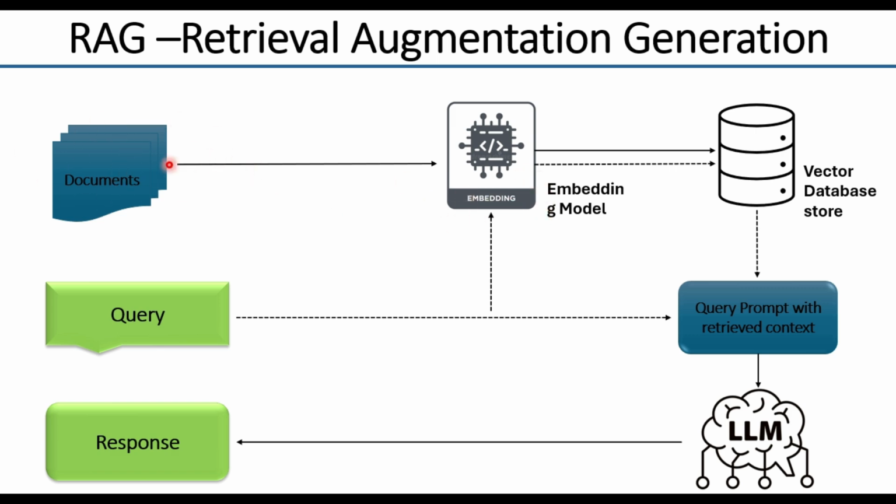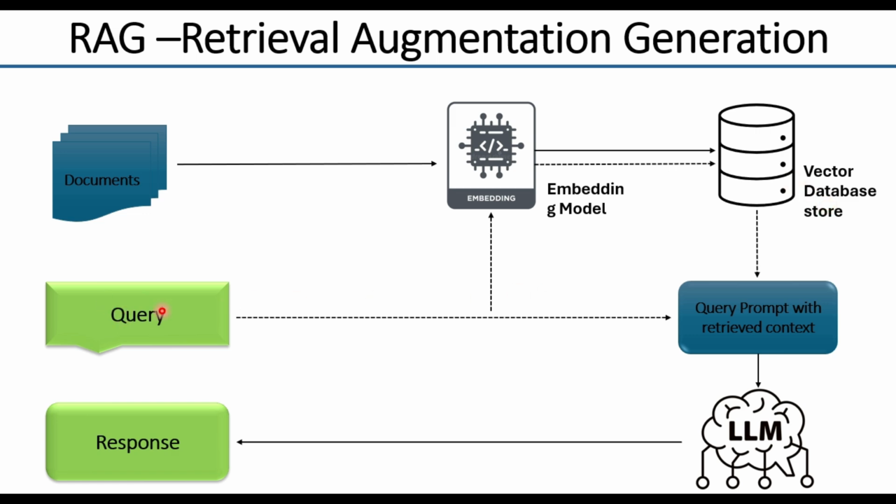Once these documents are converted into embeddings, they are moved to the vector database. There are different vector databases available, and these are specialized databases used to store embeddings, multi-dimensional embeddings.